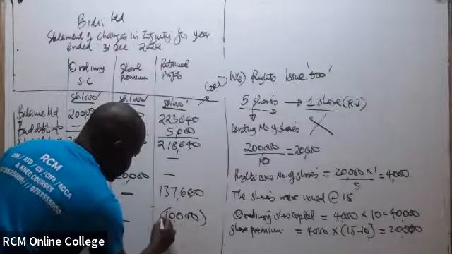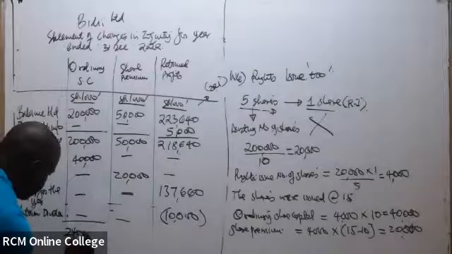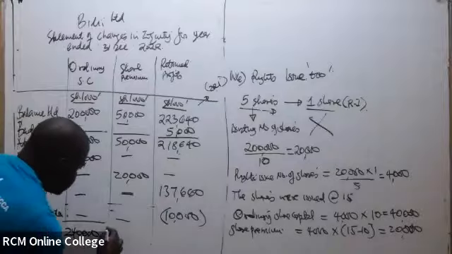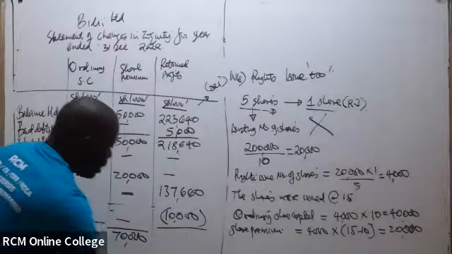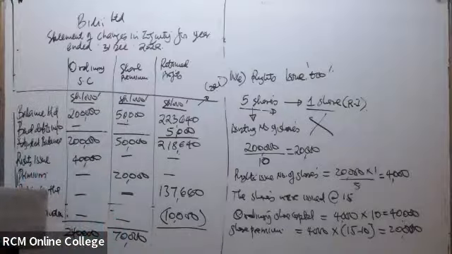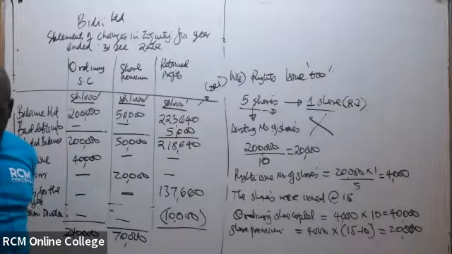So we can deduct. Then of course, we can get our totals. This one is 240 million. This one is 70 million. Then this one will become how much? 346,300.